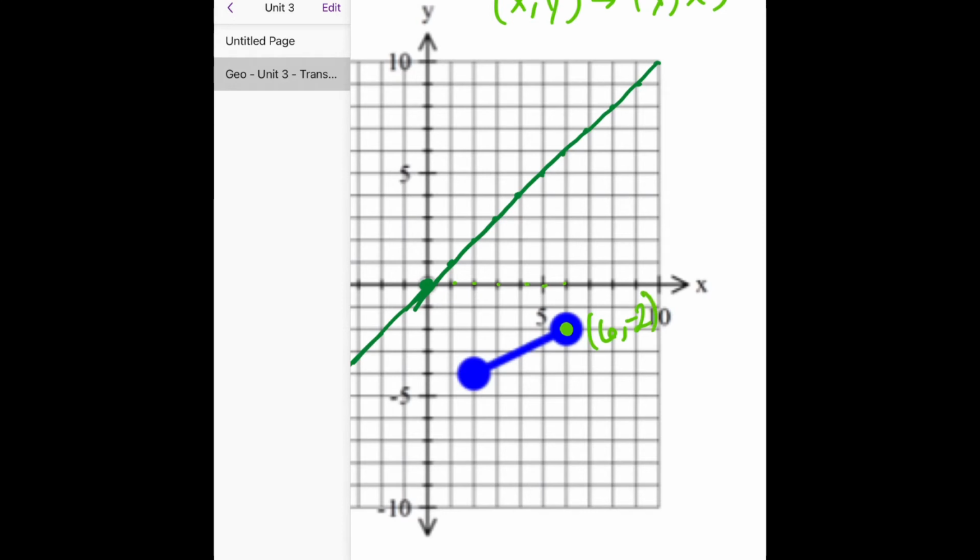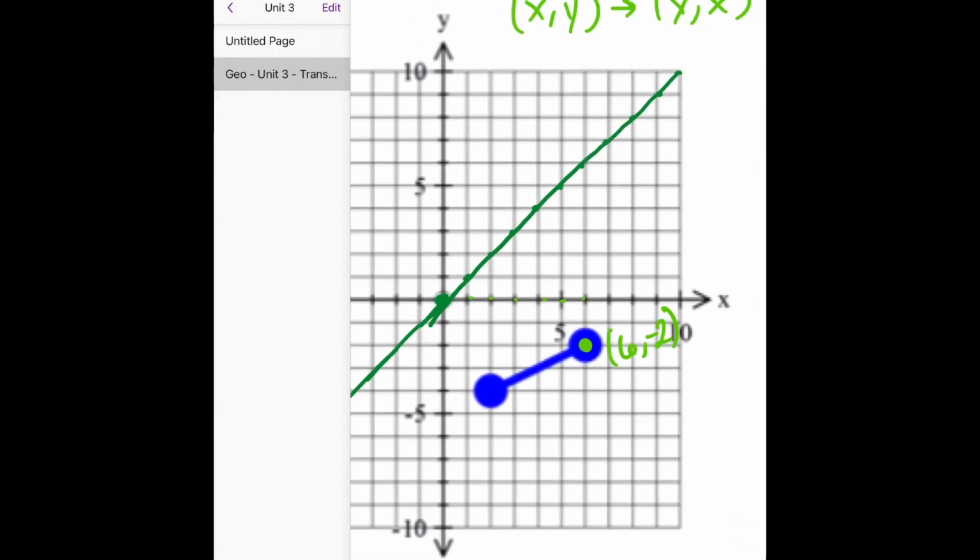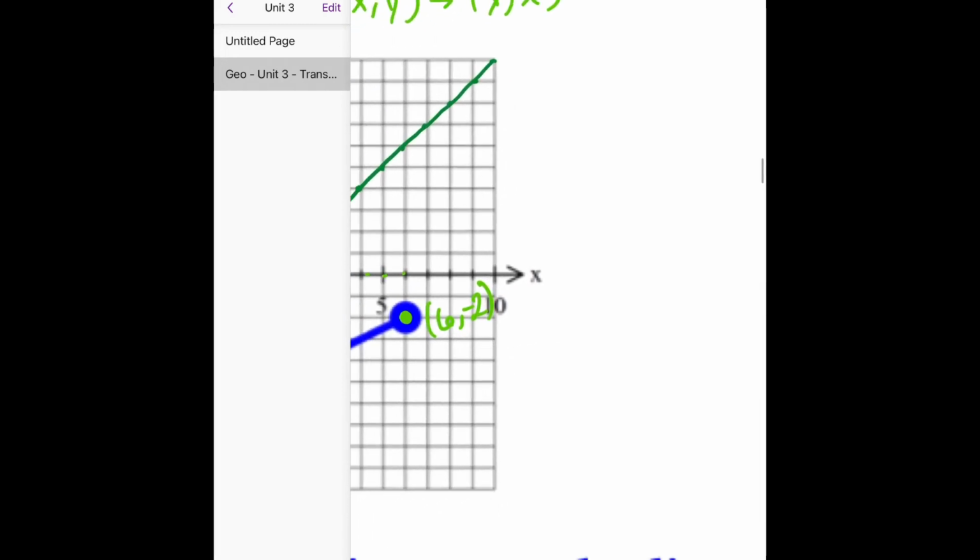It goes down 2. So if I were to reflect that across my green line, y equals x, I would need to switch those places. So my new point from 6 comma -2 will become -2 comma 6.